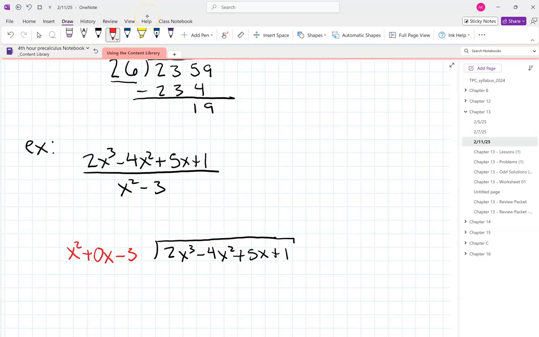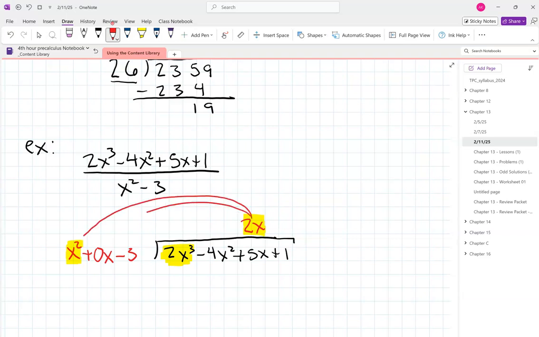Okay, we ready to go? So what we're going to do is we're going to ask what times x squared gives us 2x cubed. 2x. So we're going to write a 2x above.